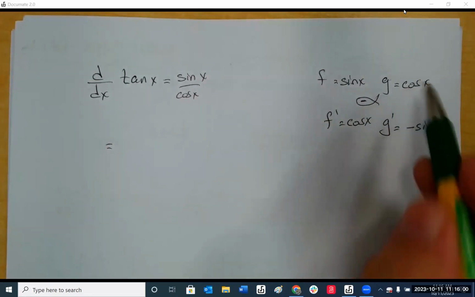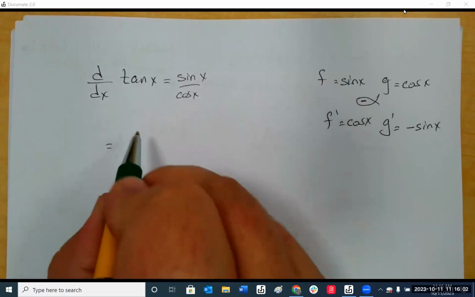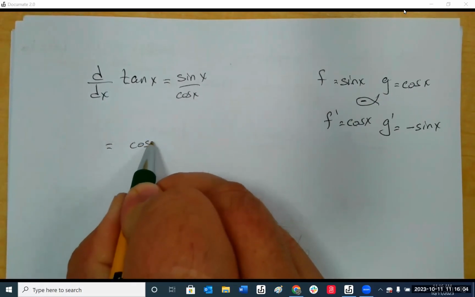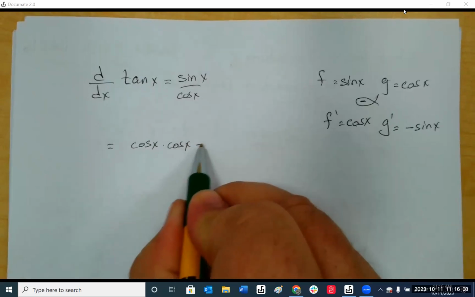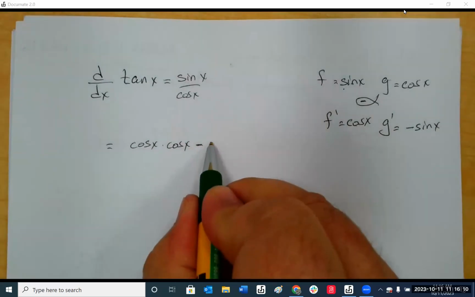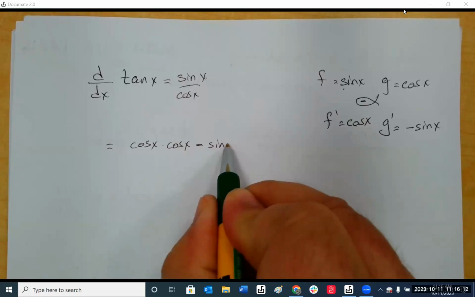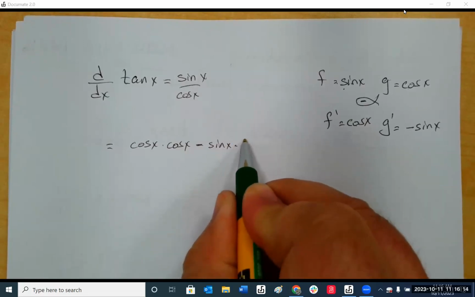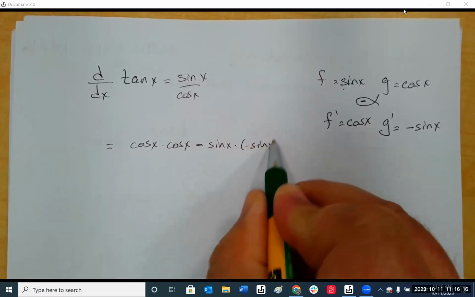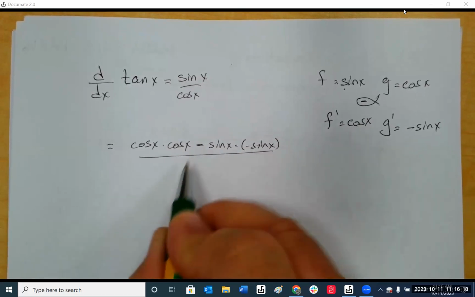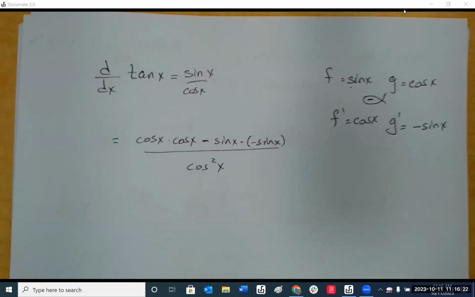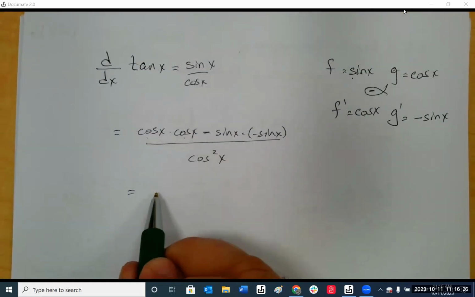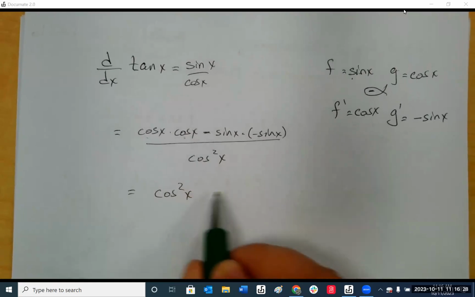So it's going to be cosine times cosine minus sine times negative sine over the denominator squared. So we have cosine times cosine is cosine squared.